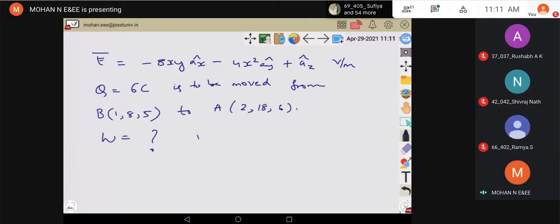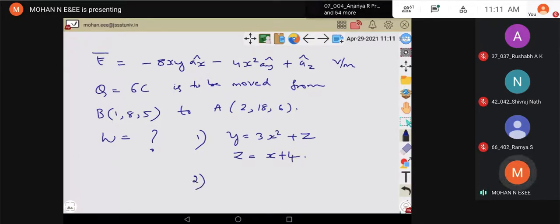Okay. When the path is y is equal to 3x square plus z, and z is equal to x plus 4. Okay.